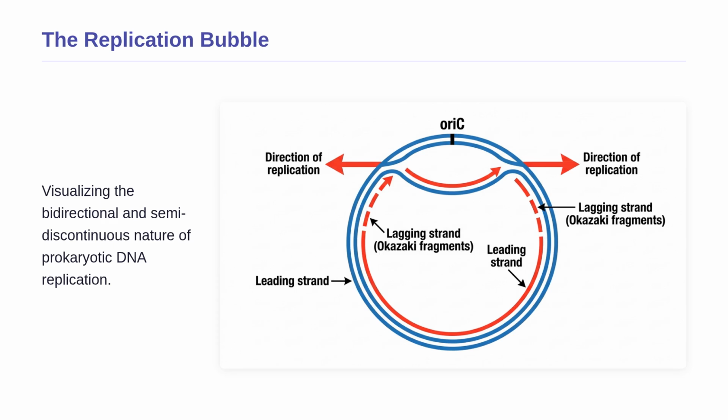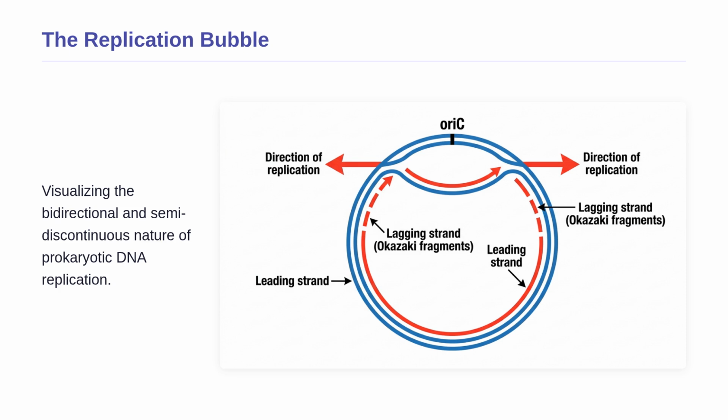Let us visualize everything we just discussed by looking at this diagram of a replication bubble. The large blue circle represents the original prokaryotic circular DNA. At the top, you can see the origin of replication, labeled ORI-C, where the process begins. Notice the two replication forks moving away from each other in opposite directions, shown by the red arrows.